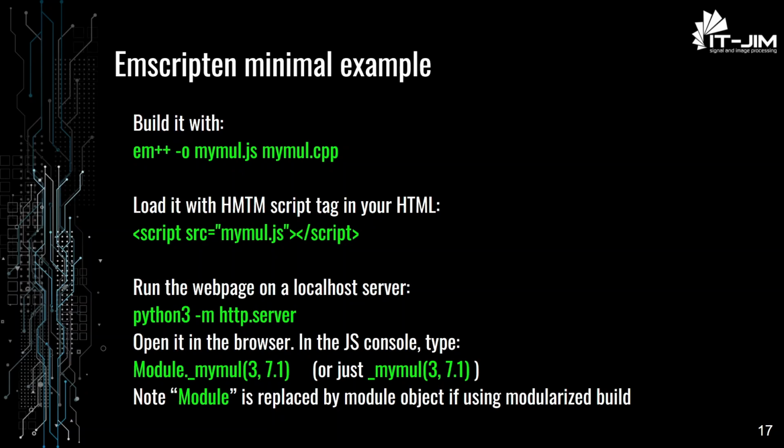Then open localhost in the browser and in the console type Module._my_multiply with the two numbers. See the result, it works. If you are using modules, then the global Module is replaced by some other object. I skip the technical details. Next slide, please.